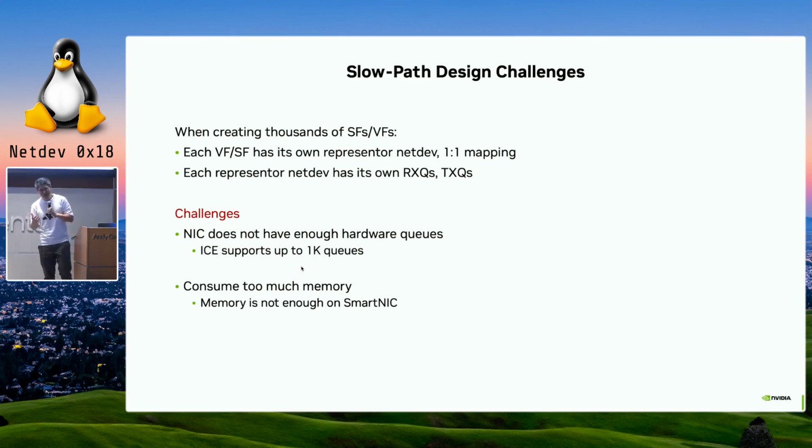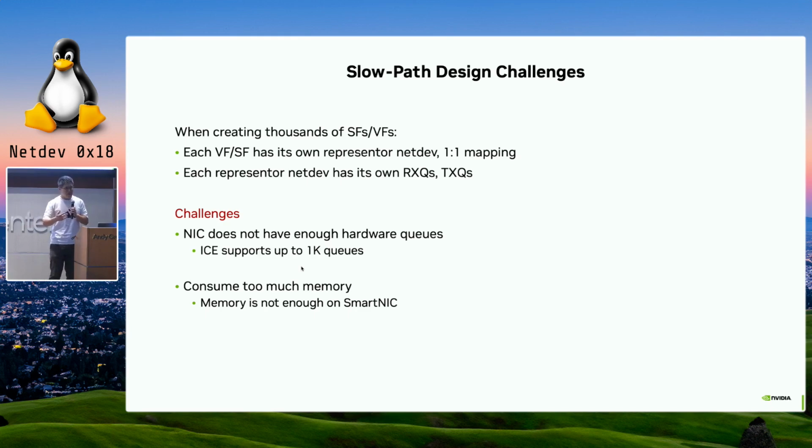And this representor netdev has its own RxQ, has its own TxQ. So there are two challenges here. Some NICs do not have enough hardware queues. For example, ICE supports only up to 1K hardware queues. So the queues are not enough.